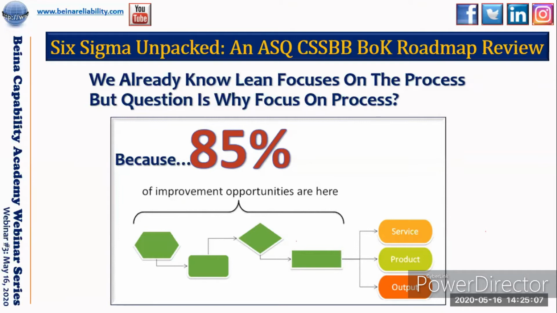Why the process? 85% of all improvement opportunities are in the process. Last week, Engineer Tijani, whose teaching on Lean I think you can please avail yourself the opportunity to go to the YouTube page, download and watch, helped us understand that the conventional method of increasing price when I want to make more profit is no longer working.